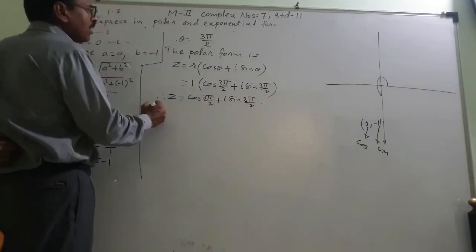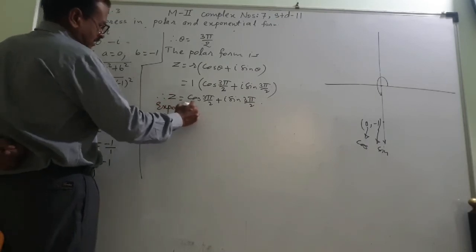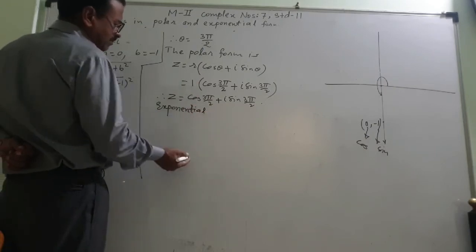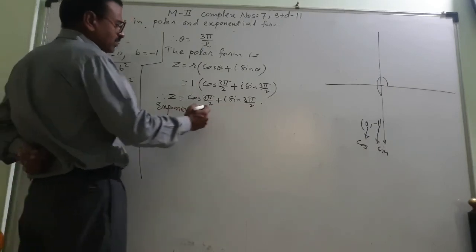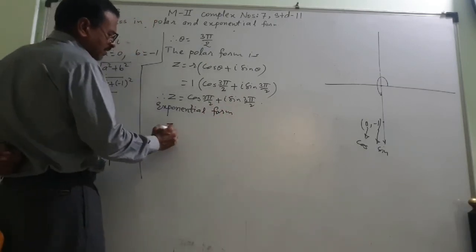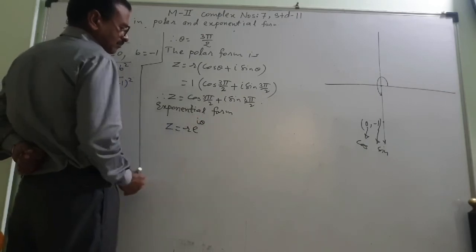Now the exponential form. In the earlier sum I think I have left this exponential form. You do it. Z is equal to, what is that? R into e raised to I theta.